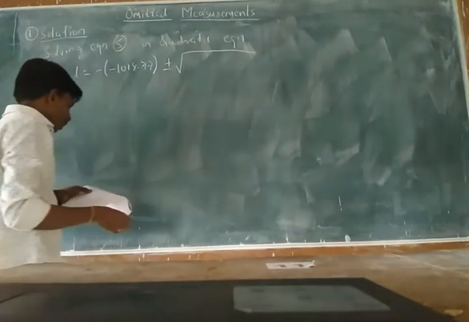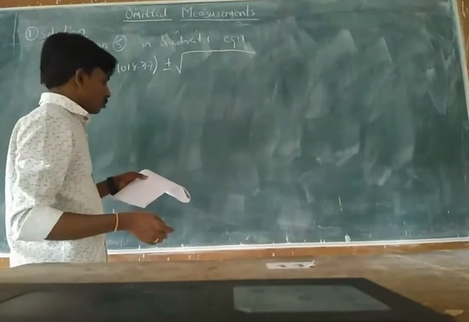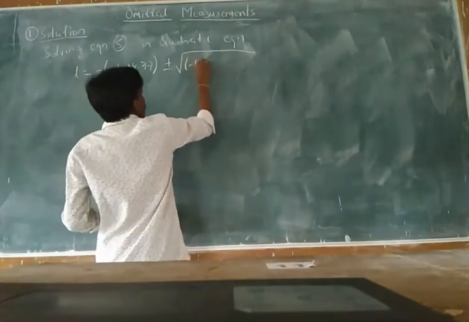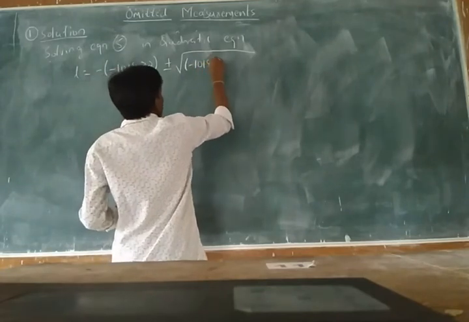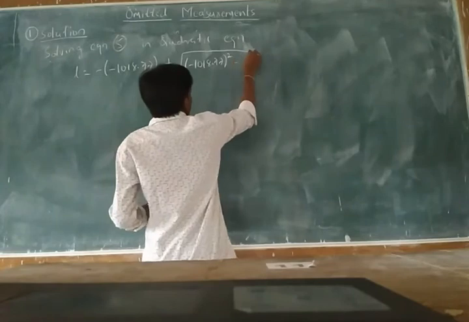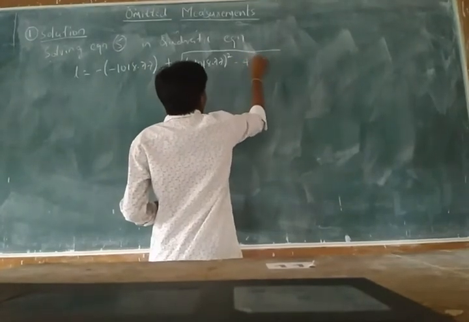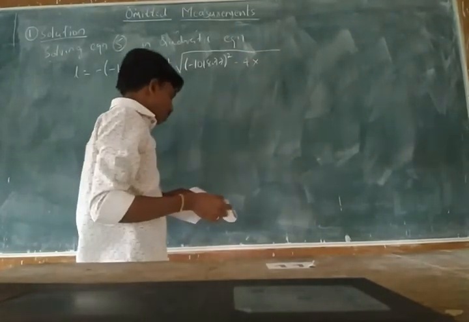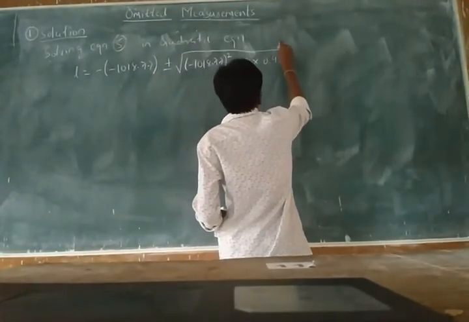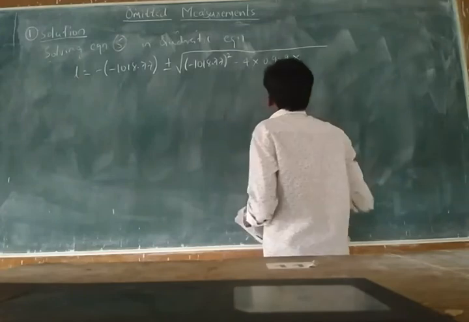The b value is minus 1018.77 again, so write minus 1018.77 whole square, because b square minus 4ac, 4 into the a value 0.989, and then multiplied by the c value.